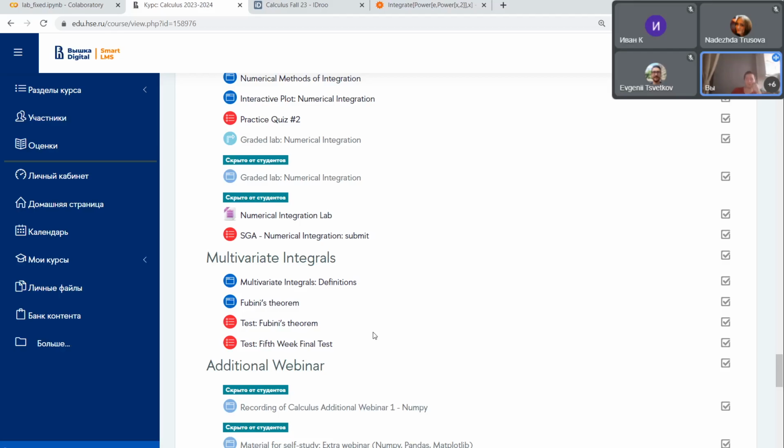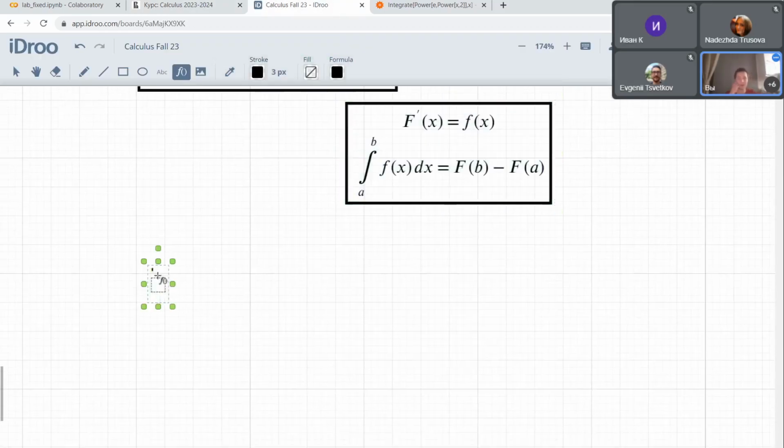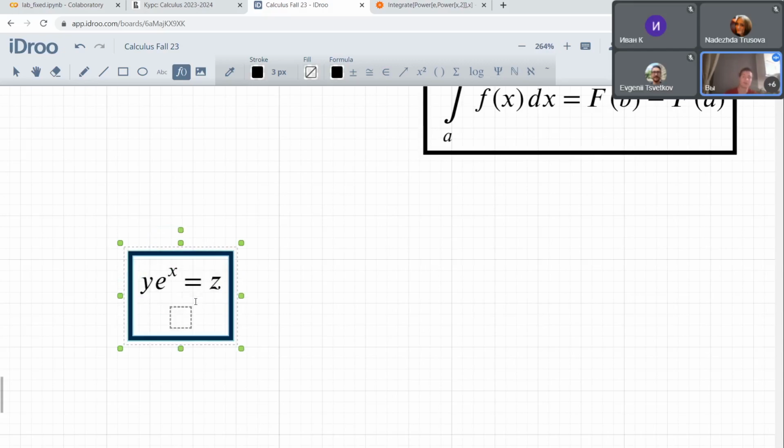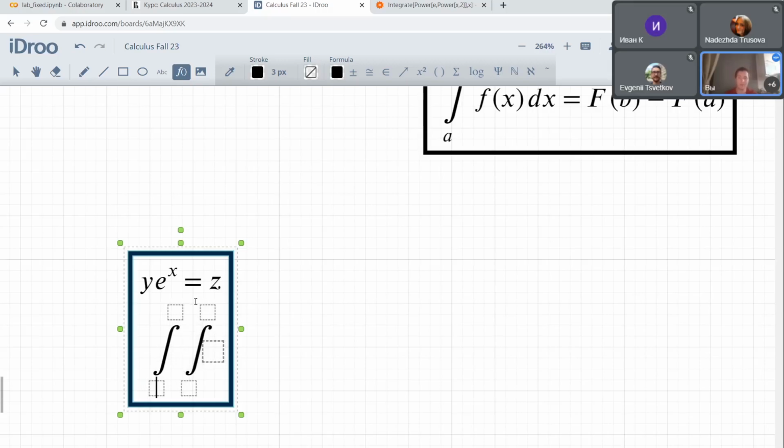Sometimes you have a function of several arguments, like multivariate functions. Imagine you have a function like this one, and sometimes we are interested, for example, in the volume of a figure given by this equation. So sometimes we are interested in computation of double integrals.